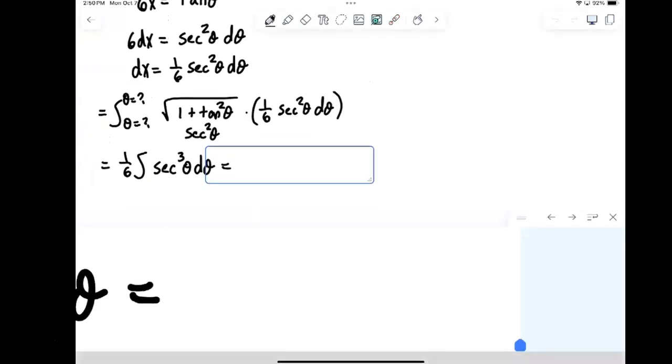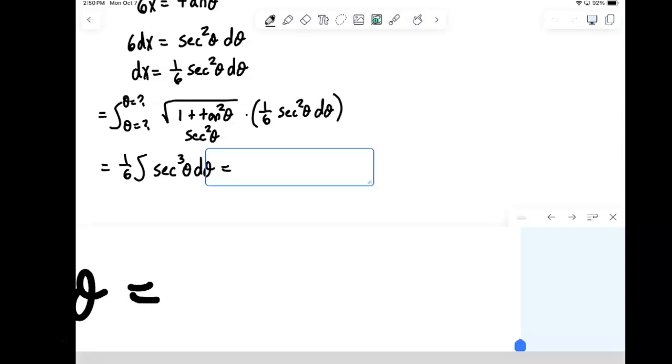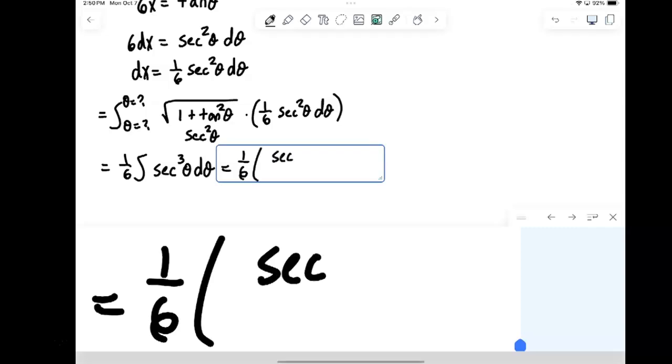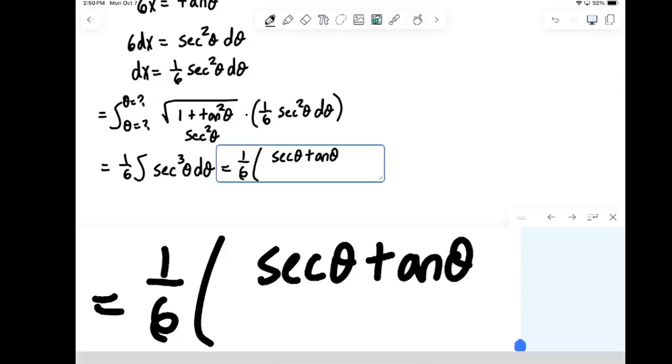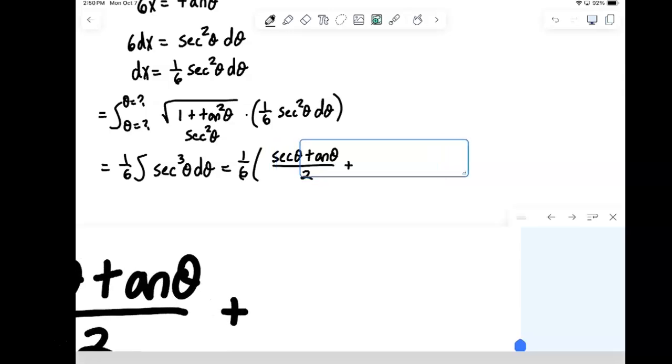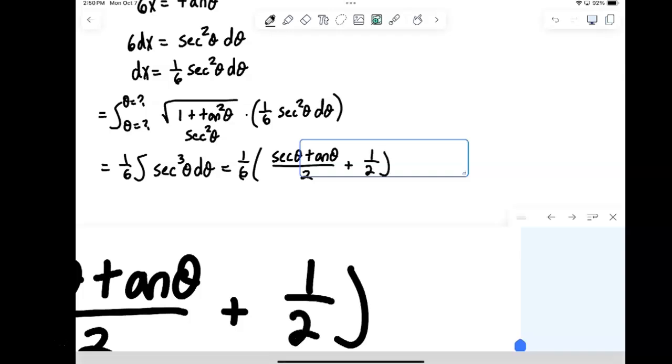In our case, secant of 2 powers lower would just be secant of the first power. So 1/6 here, and that'll be secant times tangent, over n minus 1. So 3 minus 1 would be over 2. And that's plus n minus 2, which is 3 minus 2, which is 1, over n minus 1, which is 2. So 1/2 the integral of secant 2 powers lower.